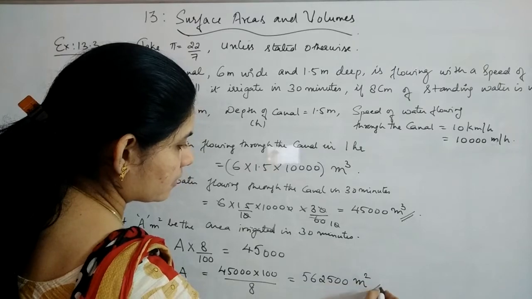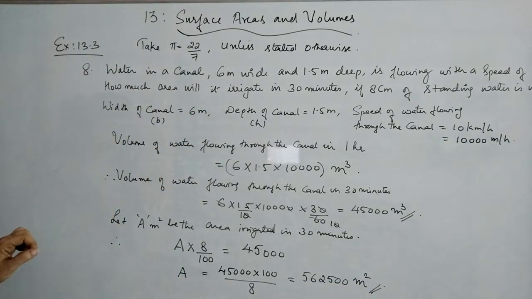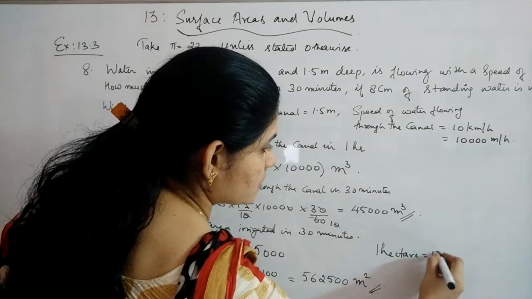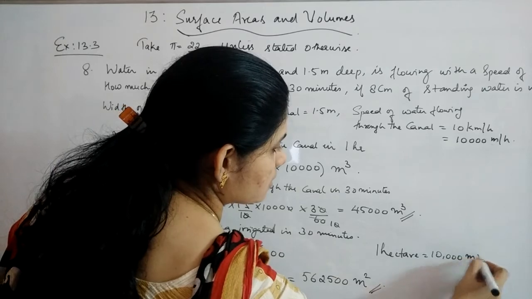meter square. Since this is the area for irrigation purpose, we will change the unit of area into hectares. Here 1 hectare is equal to 10,000 meter square.